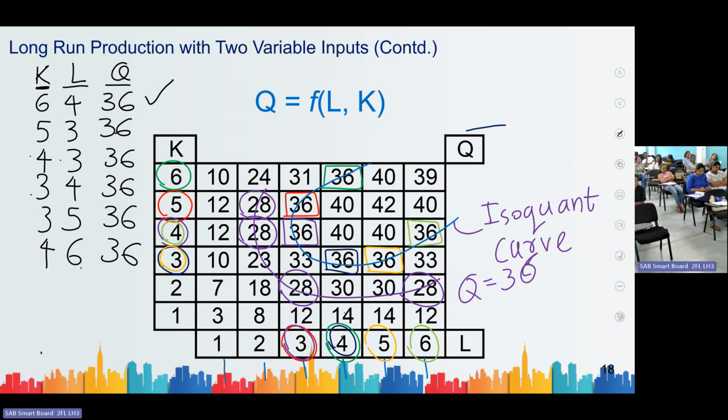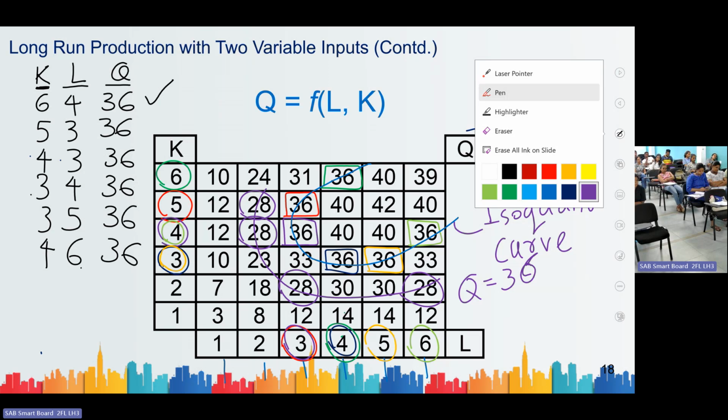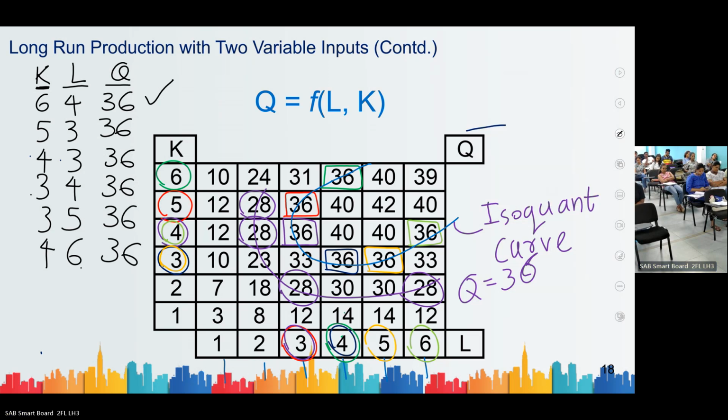For 12, yes, we have different locations where we see 12, and we can combine them using a smooth curve like this. Do we have other options? 40 is also there.